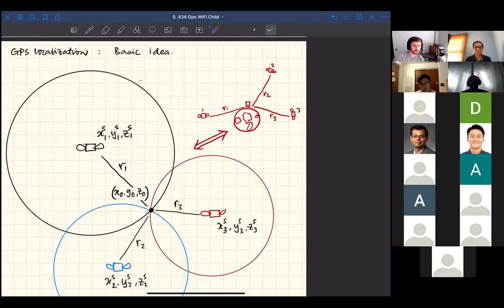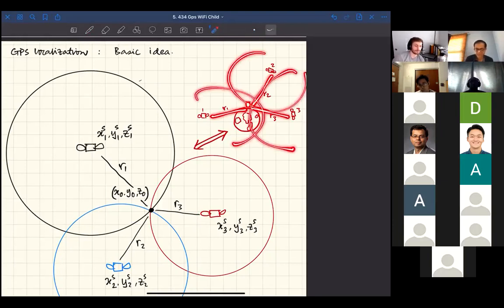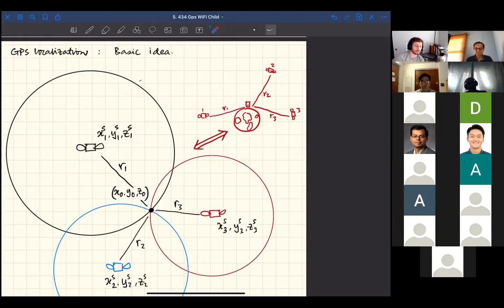And at your phone's location, the R1 circle, the R2 circle, and the R3 circle will intersect. Okay, got it. And then you're saying we know what the XYZs are for the blue and red satellite? We know the XYZs for all the satellites, because we launched the satellites, we know exactly how they're moving.